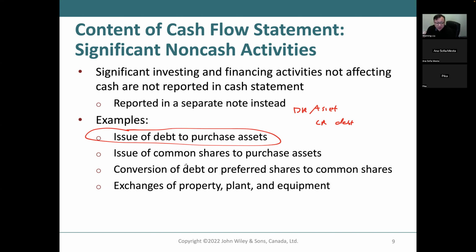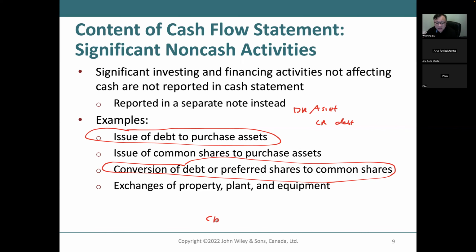Now, what about this one? Conversion of debt or preferred shares into common shares. What is that journal entry? Your common shares will increase, right?